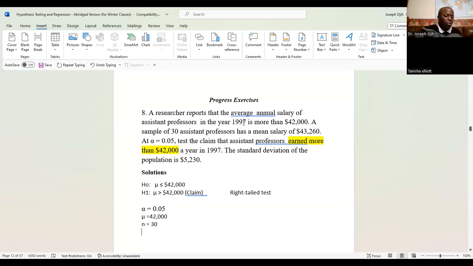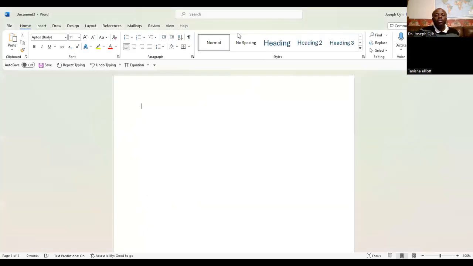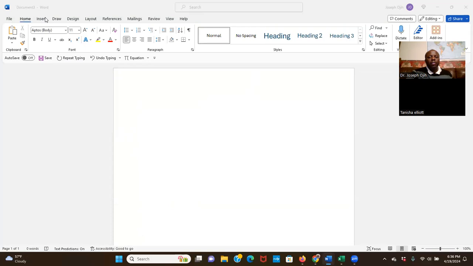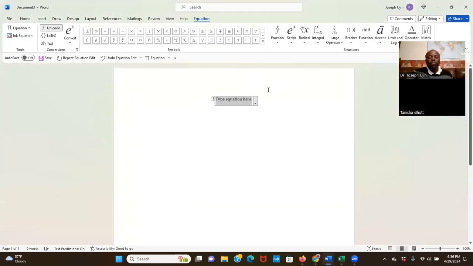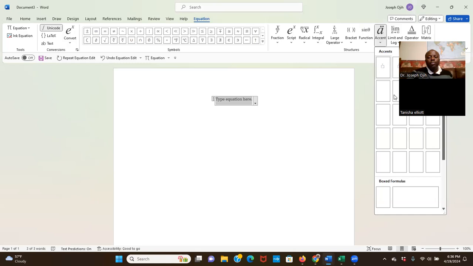So using this, we can now go. Let me go and get the sample mean, that's this one here from the other workbook. I'm going to show you how to get the character for the sample mean. So it's right here, you have this equation, X bar.